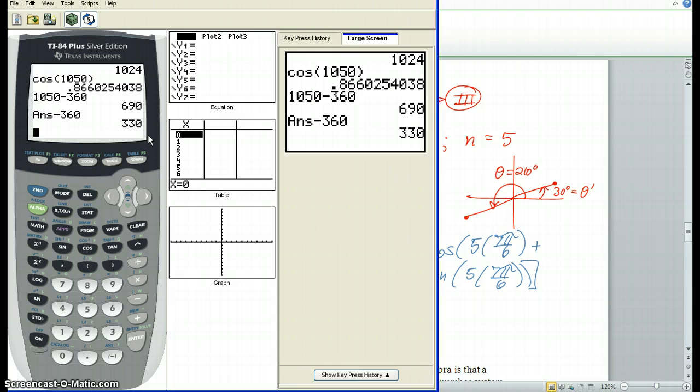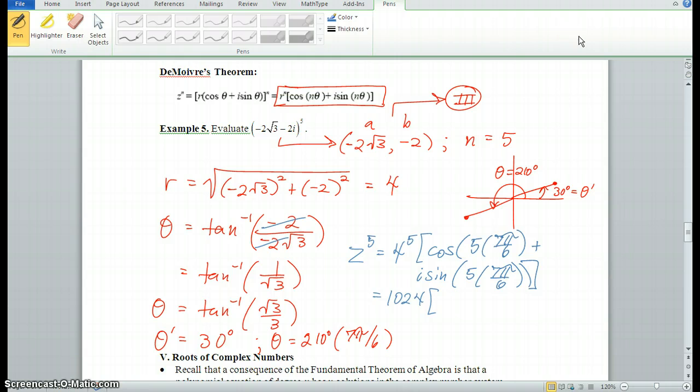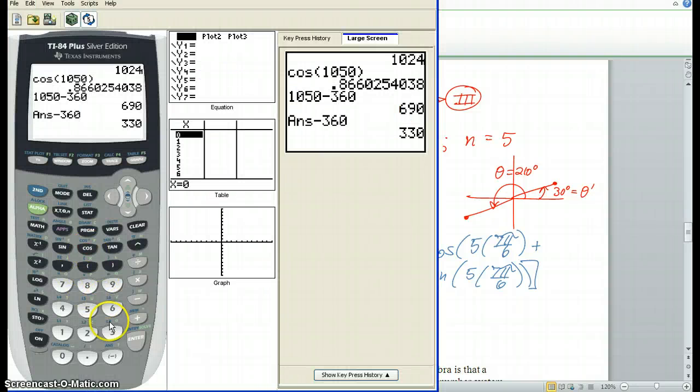In other words, 1050 degrees lands at 330 degrees. So there's 210, wraps around until you get to this spot, 330.